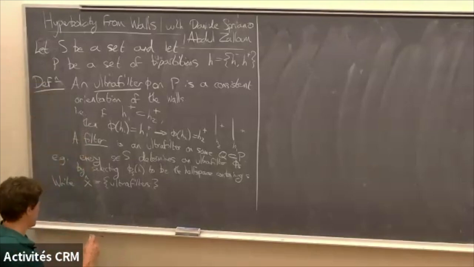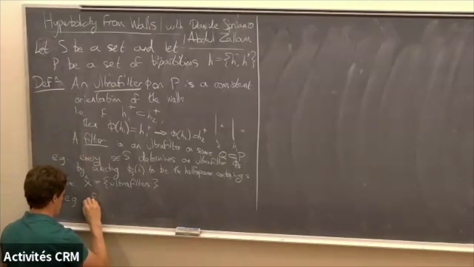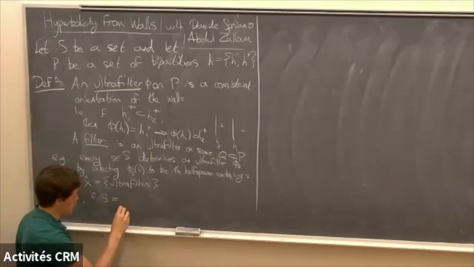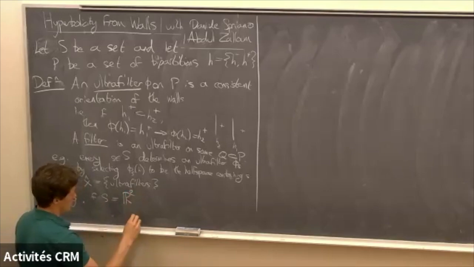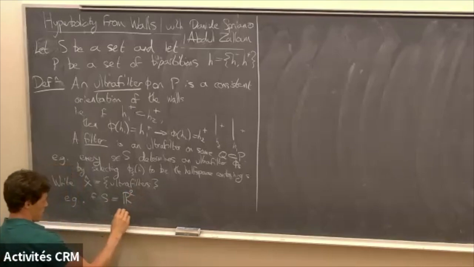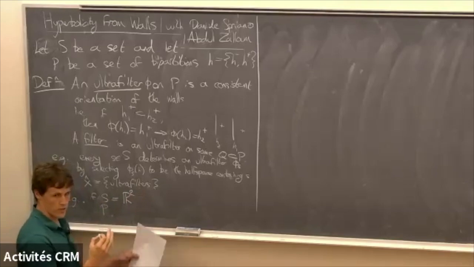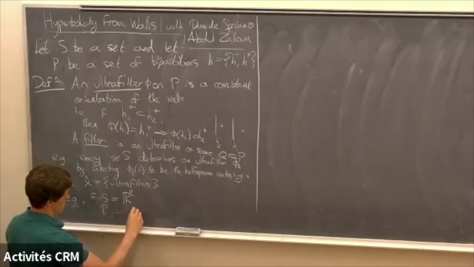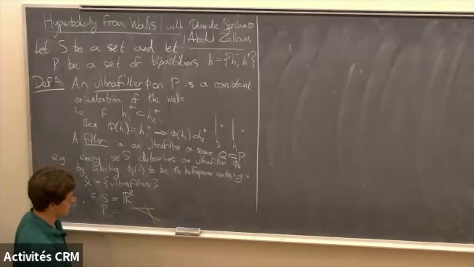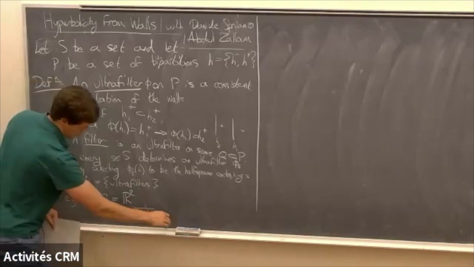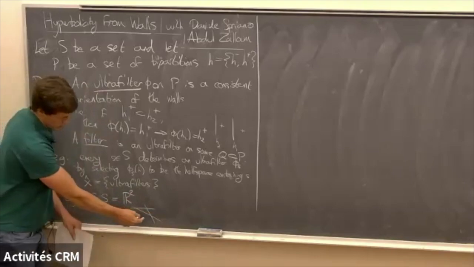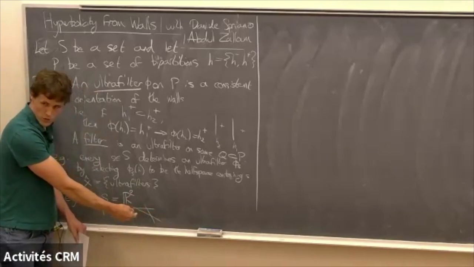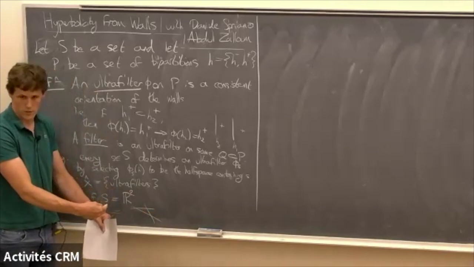Just a couple of quick examples, even though we've seen lots of this already. If S is R2 and P is just three generic lines in R2, like this, then each region gives you a possible orientation by pointing towards that.